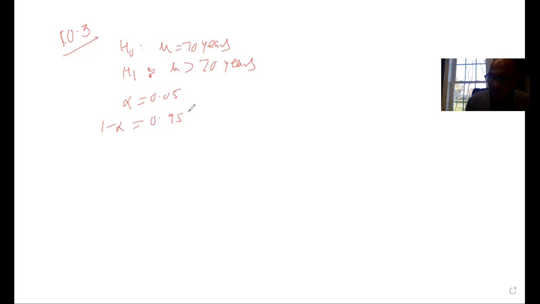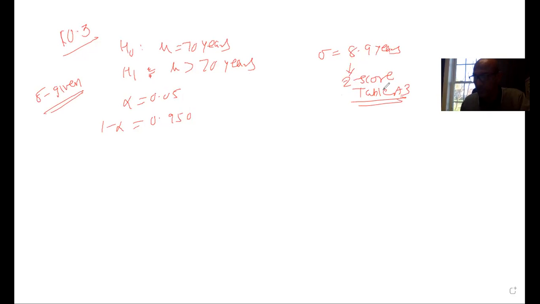That is 0.950, because sigma is given, and the sigma value is 8.9 years. So sigma is equal to 8.9 years. Because sigma is given, that means we have to go for the z-score, and that means table A3 on the back of the book.